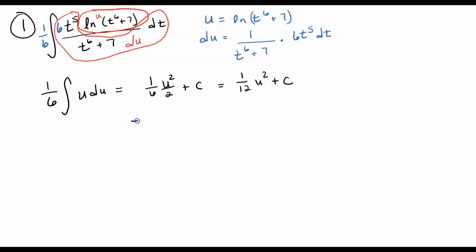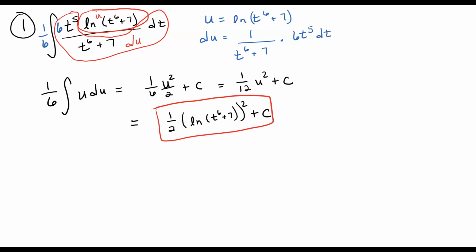And then you can go back and do your substitution. 1/12 of the quantity natural log of t to the 6th power plus 7, squared, plus c. And so we've got that done. Nothing to it there as far as the u substitution is concerned.